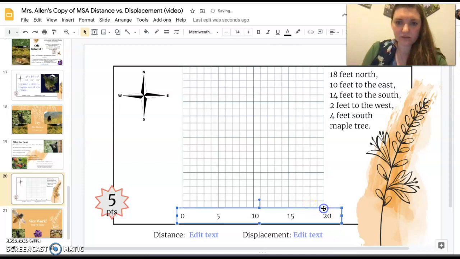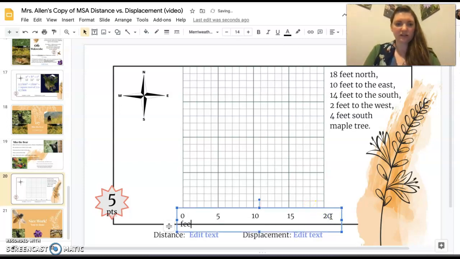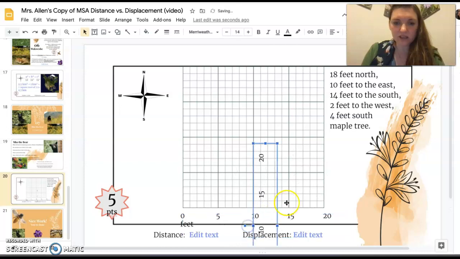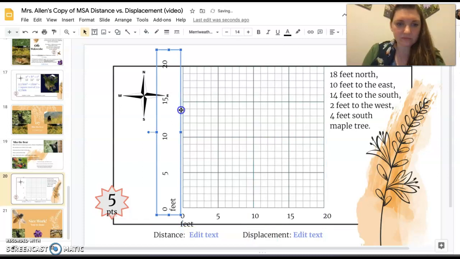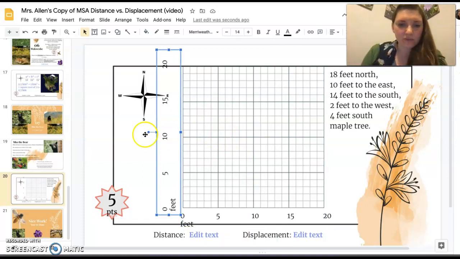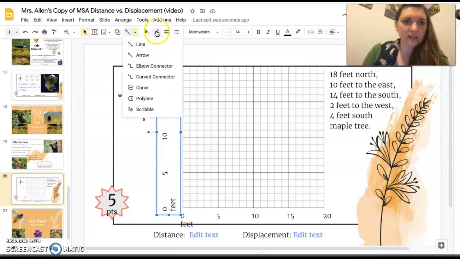And that is feet. And then I can copy and paste this, and I'm going to turn it to the side. And it fits just right. Okay, so here comes my lines.